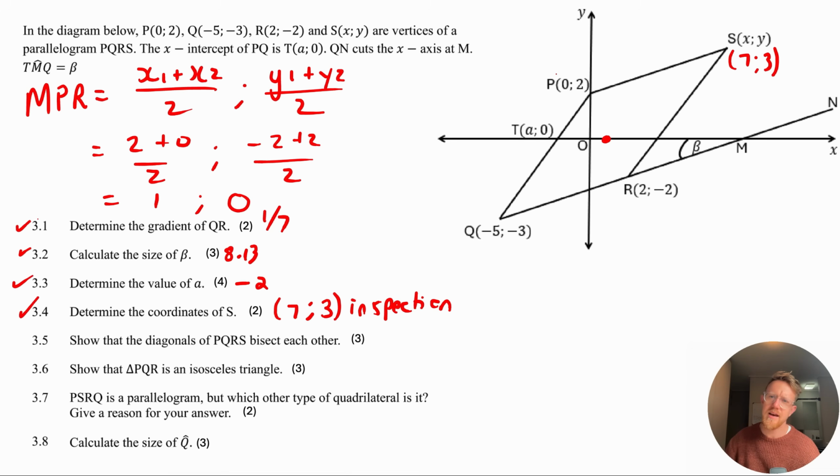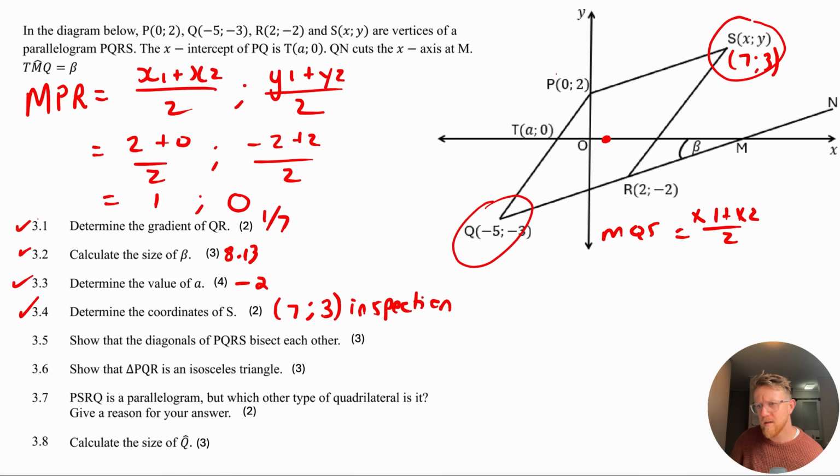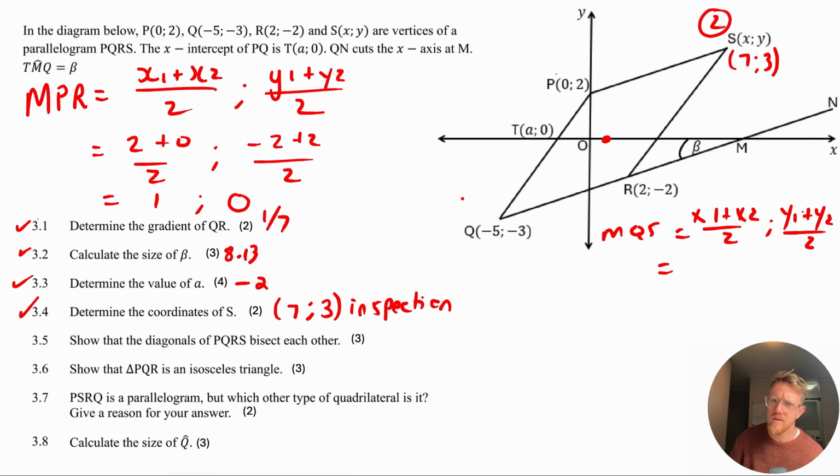Okay. Now, if you had to go and work out the midpoint of these two, so now we're going to go work out the midpoint of QS. Okay, I'm going to run out of space. Let's just write out the formula. And so I will just use this as point 2, this as point 1.